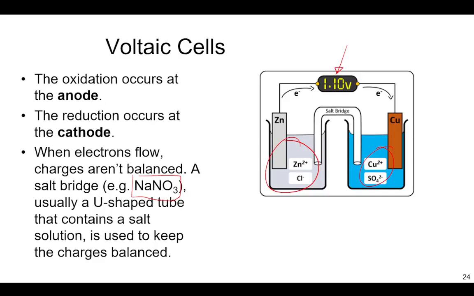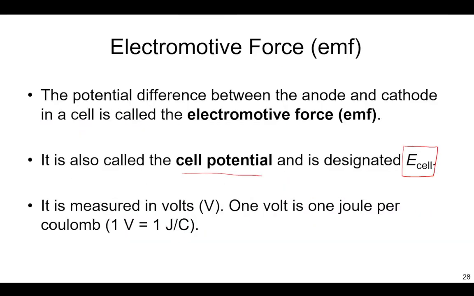And the way to think about this is, we have some process happening here, oxidation, okay? And there's some sort of potential for that to happen. And we have some process over here, reduction. There's some potential for that to happen. The difference in those two things is the total cell potential. And it will be telling us something about the amount of energy involved, or more specifically, maybe the amount of work we can generate here. But it's really an energy per unit charge. That's what a volt is. A joule per coulomb.